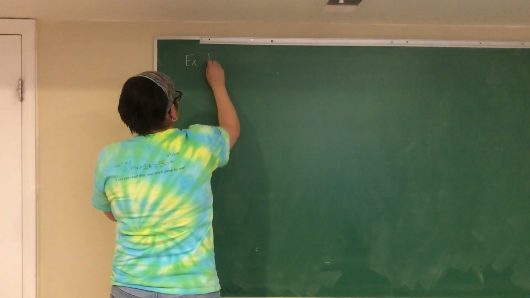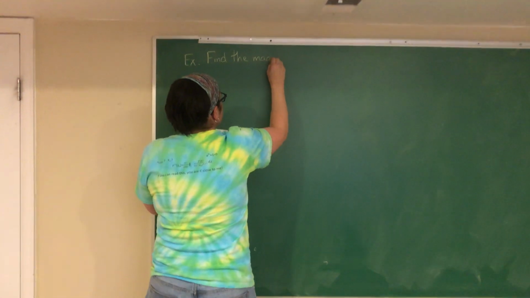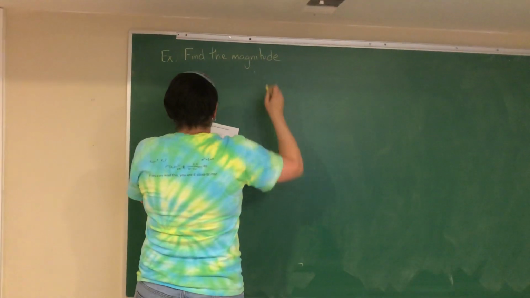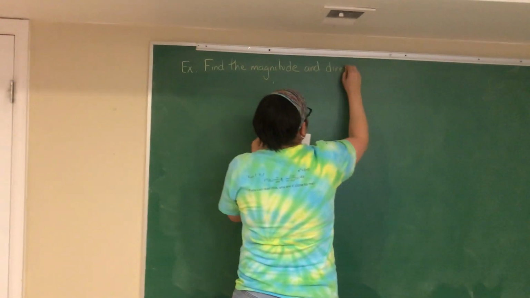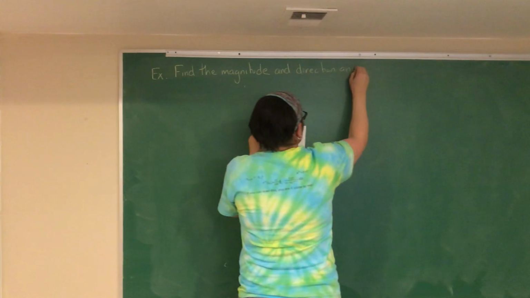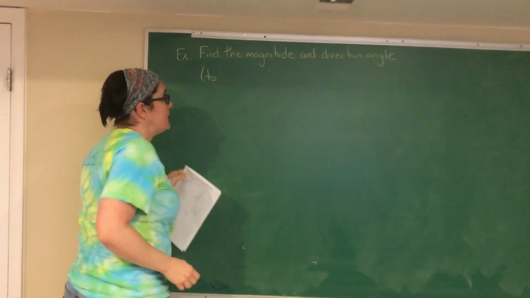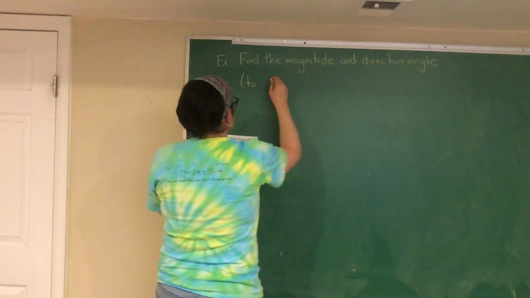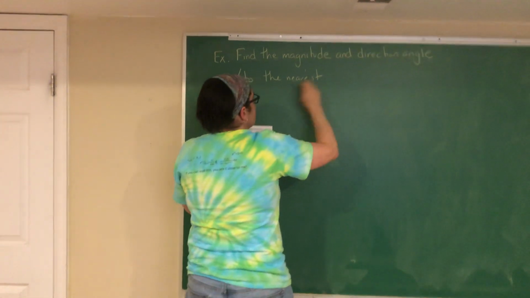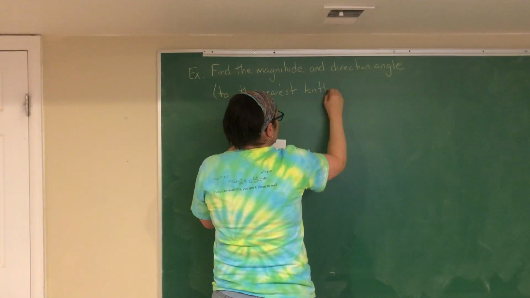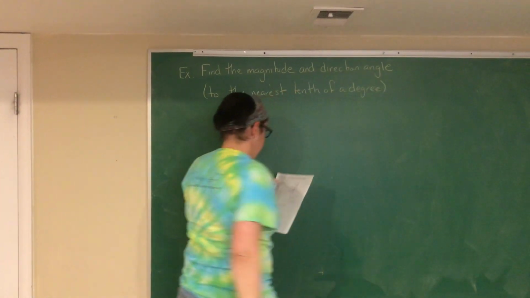Okay, in this example, we are asked to find the magnitude and direction angle, and we are asked to find our magnitude and direction angle, with the angle to the nearest tenth of a degree.